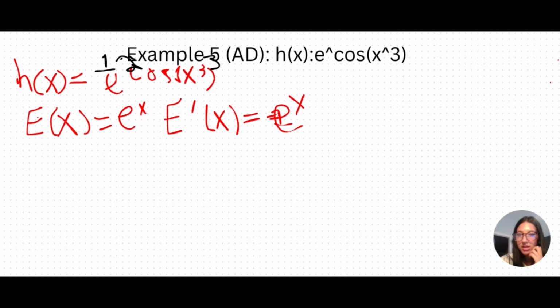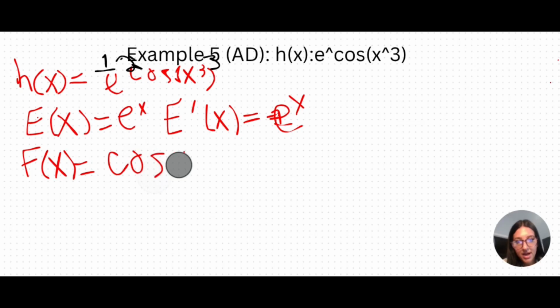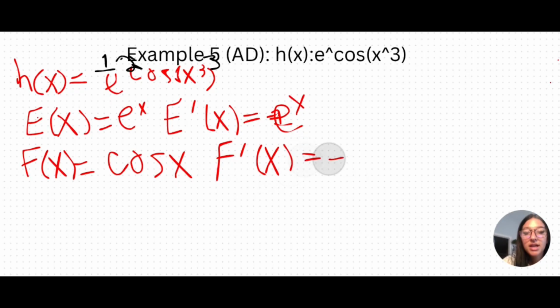Then we need to determine what is f of x, which is going to be our middle function in this case. And we know that f of x is cos of x in this case, and the derivative of cos of x is negative sine x. Okay?